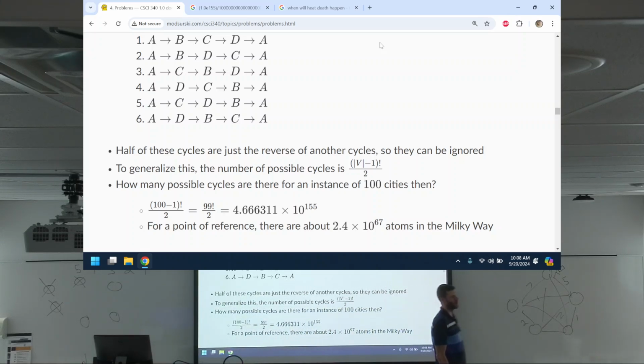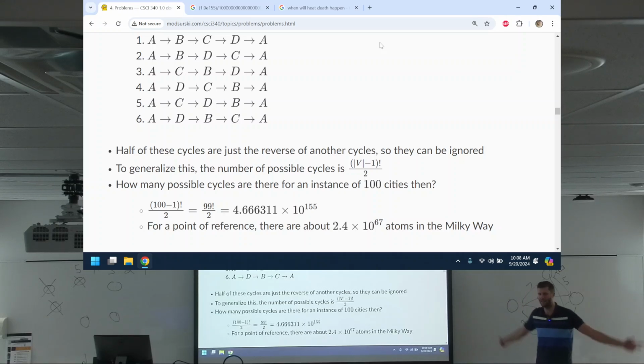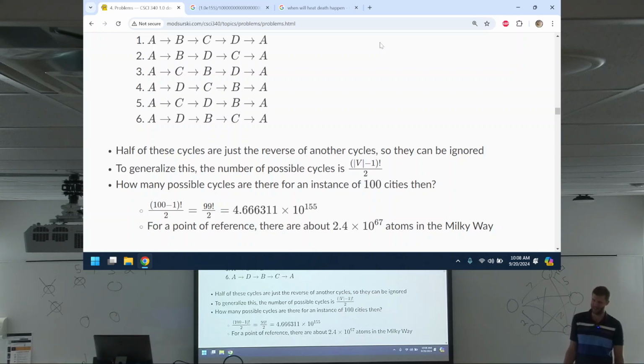So if I told you find the best path for 100 cities, you can't start finding all possible combinations. It ain't going to work. We need to come up with another solution, another way to find a solution. This is where AI and optimization comes in, where we go, okay, look, we ain't going to find the best solution because the search space is just catastrophically large.